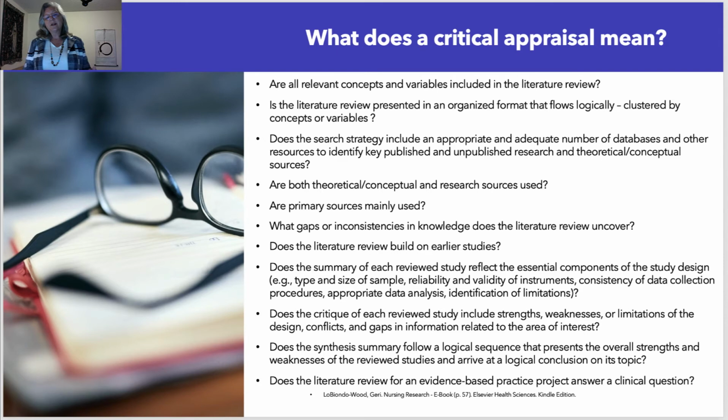Does the search strategy include an appropriate and adequate number of databases and other resources, published and unpublished? Here's what I would recommend. You really do need to have, in my opinion, at a minimum, PubMed and CINAHL for your searches.